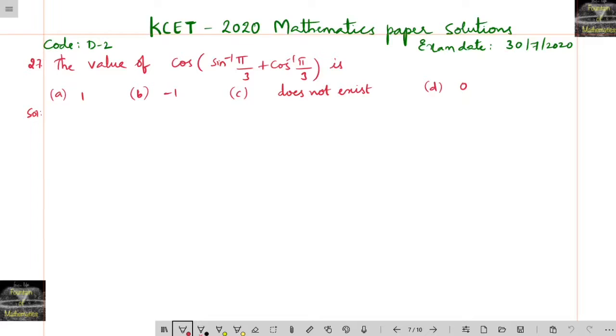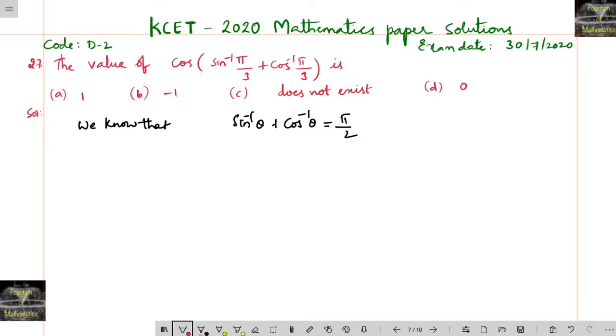27th, the value of cos of (sin inverse pi by 3 plus cos inverse pi by 3). We know that sin inverse theta plus cos inverse theta is equal to pi by 2, so we can use this concept.